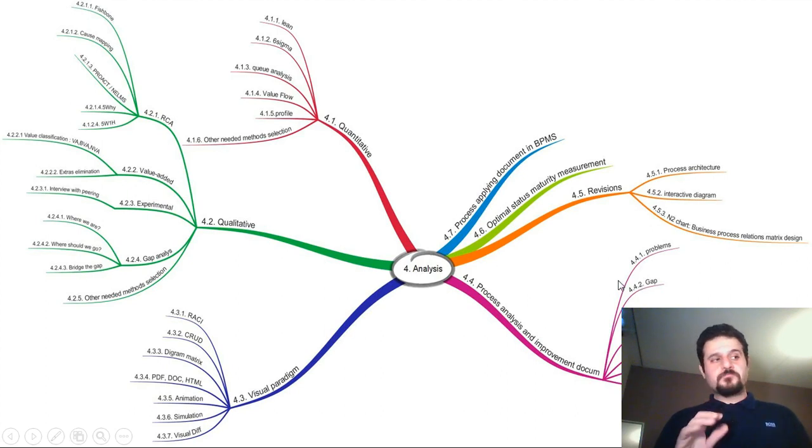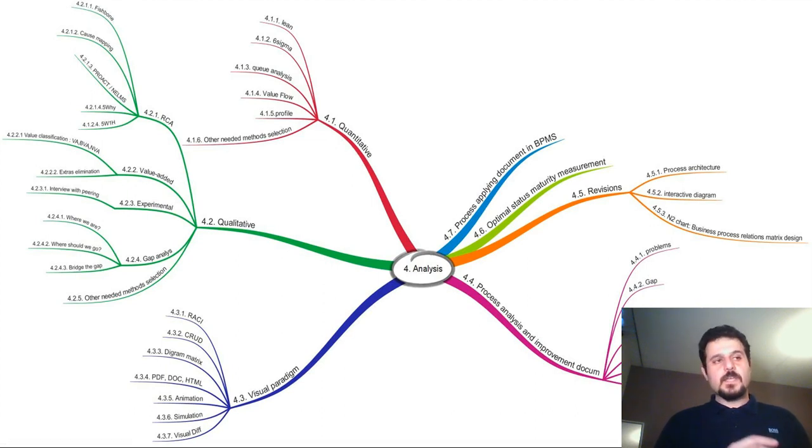After that, you can do the benchmark, compare your current processes with the best practice processes, and distinguish the gap. You should write the gap. Now you should find solutions for the problems and gaps, and select the best solution.